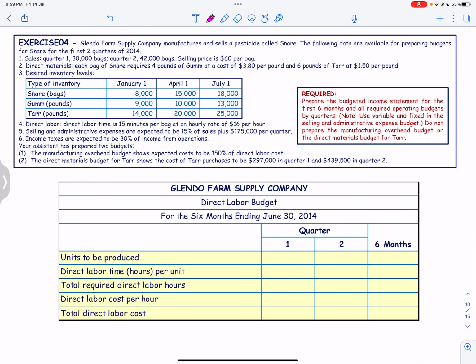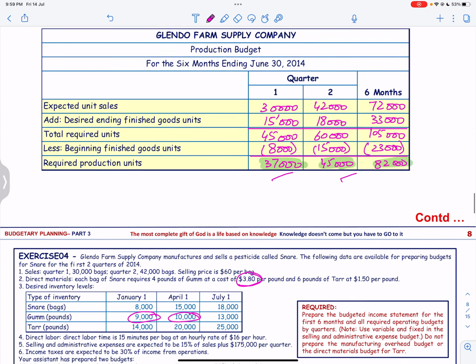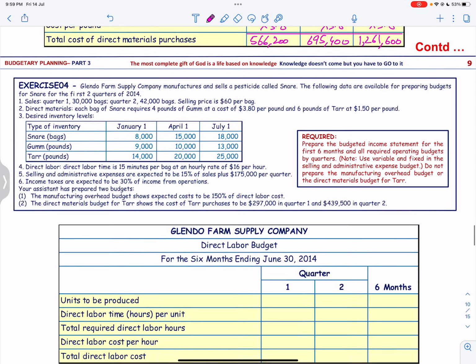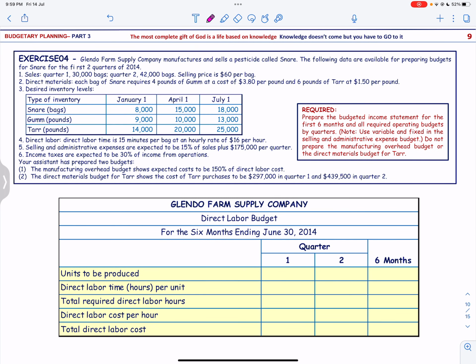Now again the units produced are 37 and 45. So we have 37 and 45, and the total is 82,000. Now the direct labor, you can see, is 15 minutes per bag.